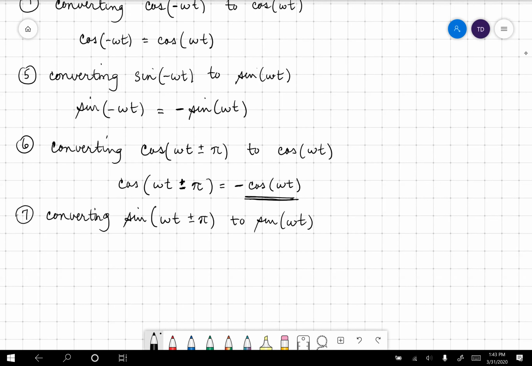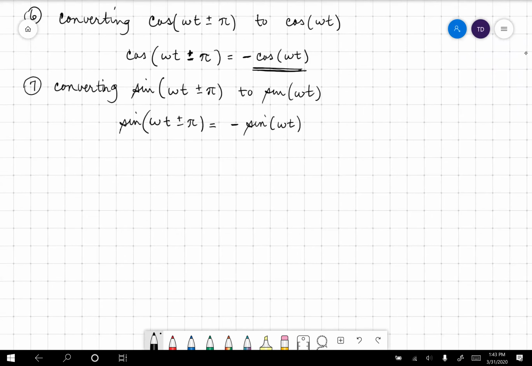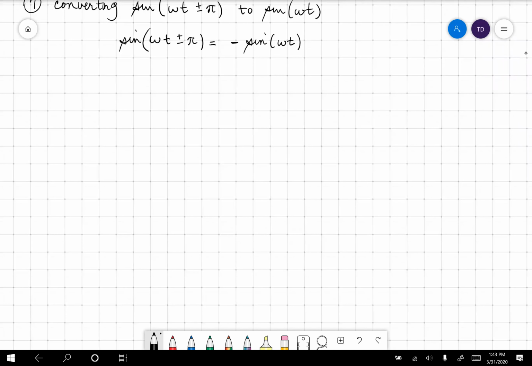So sine of omega t plus or minus pi radians is equal to minus the sine of omega t. So sine and cosine do the same thing. When you shift them by 180 degrees, they change their sign. Okay, those are basics. We're going to need those. That's a good setup for us, and we'll refer back to those from time to time.